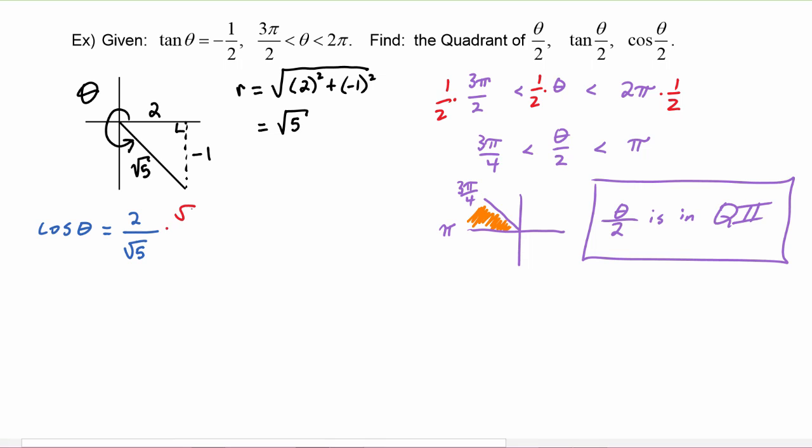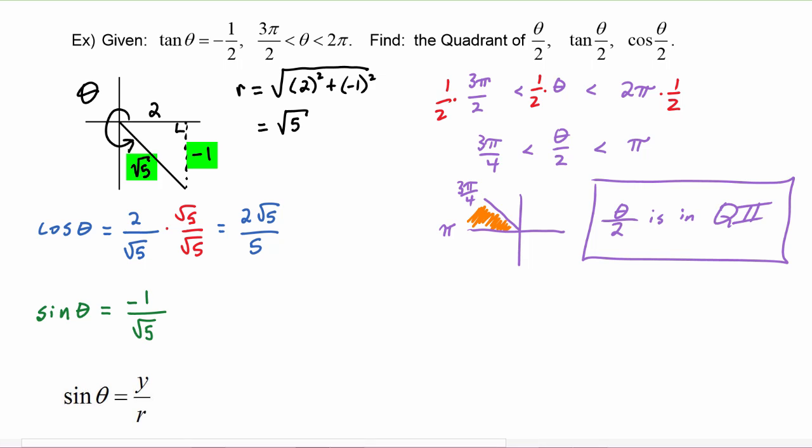So we'll rationalize by multiplying by rad 5 over rad 5 and we get that the cosine is 2 radical 5 over 5. The sine of theta is the y value, -1, divided by r, radical 5.